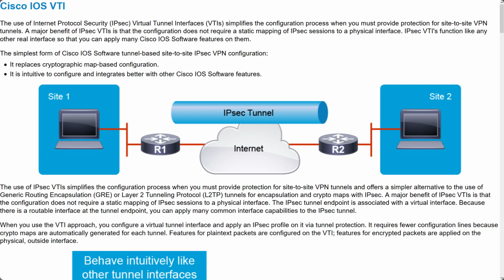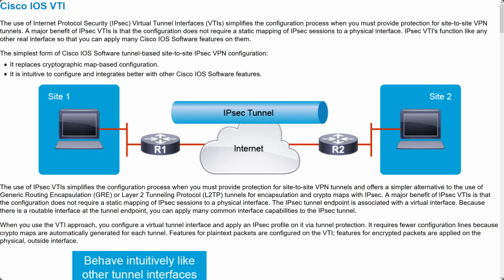All right, so what are the general benefits of using a VTI? IPsec VTIs really allow you to configure this virtual interface, and then you can simply apply features to that interface. Features for clear text packets get configured on the VTI. Features for encrypted packets can be applied on a physical interface.